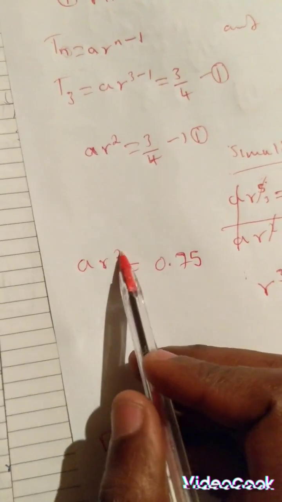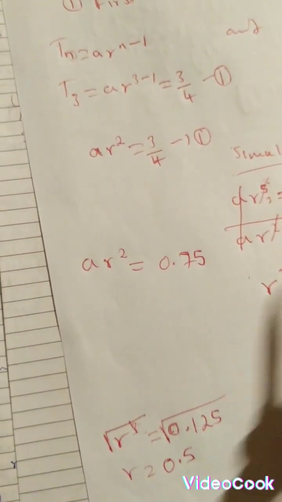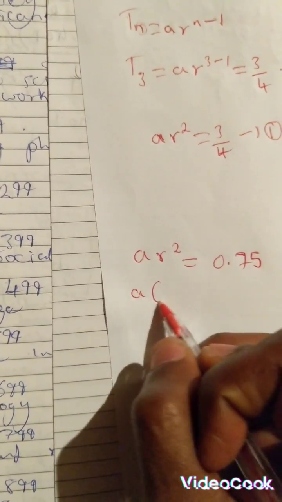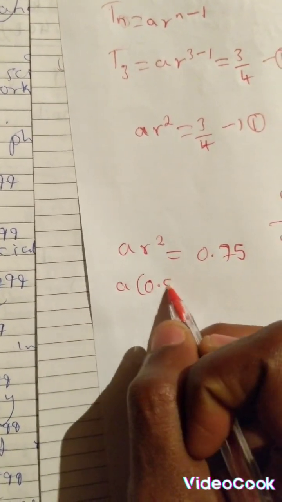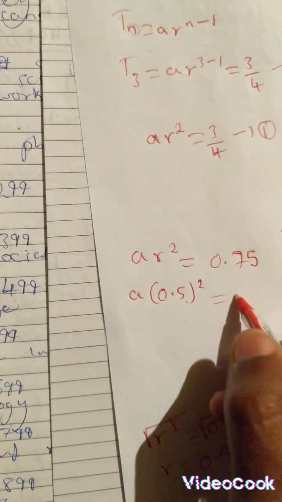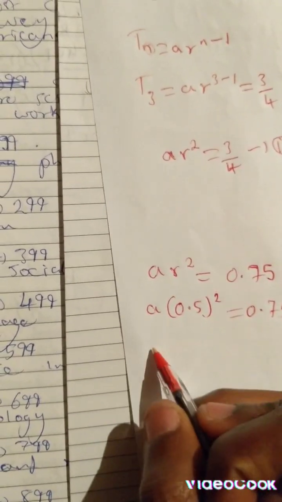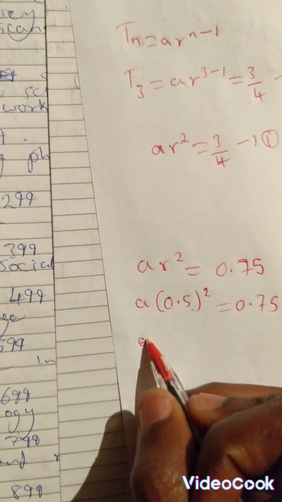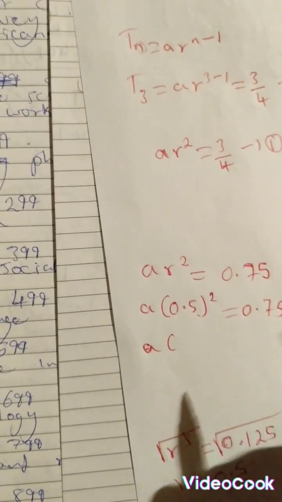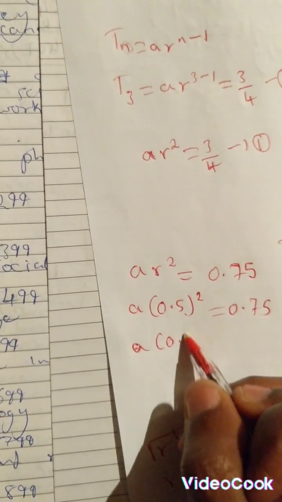Okay, now my r, I have found 0.5. So I'm going to say first term a times 0.5 squared is equal to 0.75. Then here you know that when you multiply, you're going to have 0.25.